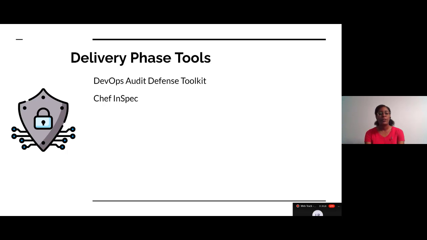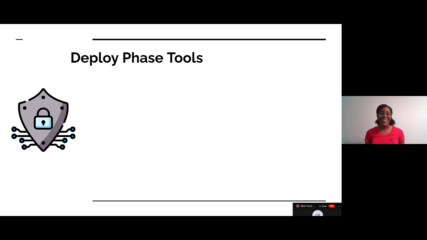So if you have an app that falls under any of those crazy acronyms, it might be worth taking a look at Chef InSpec just so that you could potentially add some kind of automation to this part of your CI/CD pipeline.